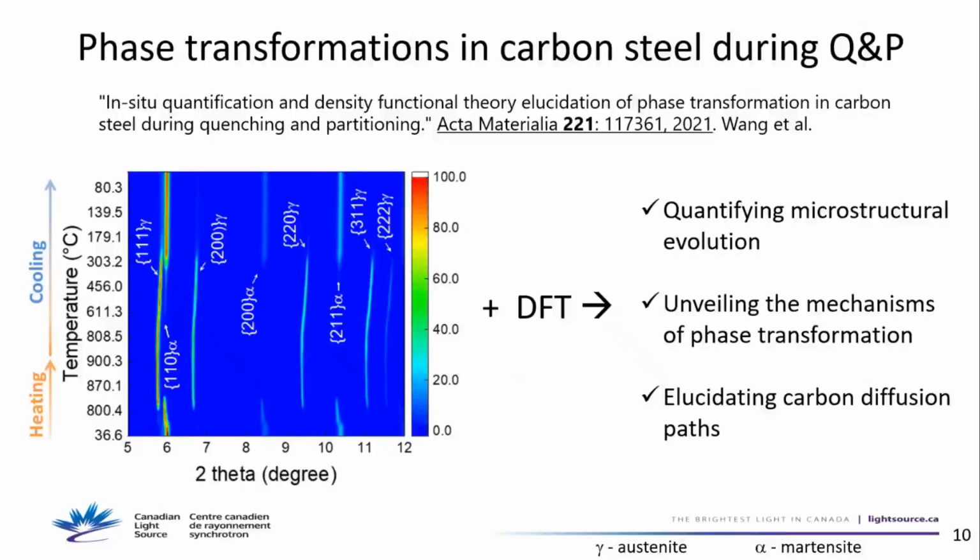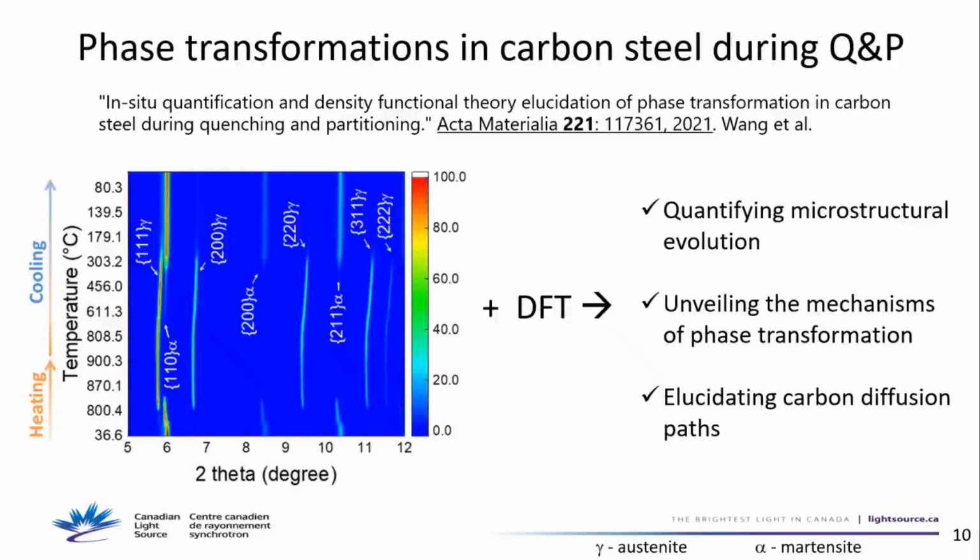And when they do that, they get details about the microstructural evolution of their steel. They get details about the mechanism of phase transformations going on in the sample, and they get to elucidate how the carbon diffuses in there from martensite to austenite and which energy barriers there are. And eventually they come up with a steel that has better properties.